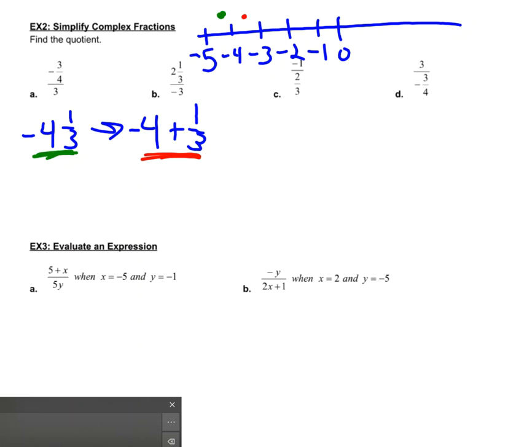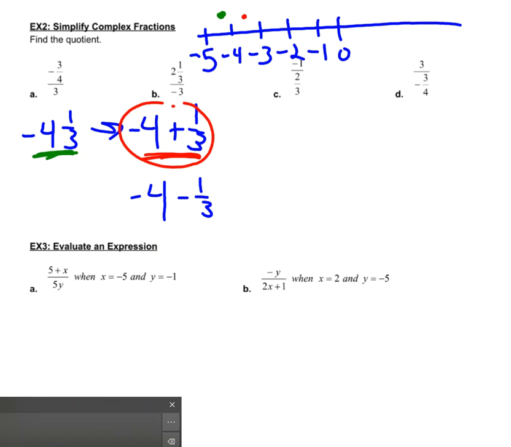These are different. How should I change negative 4 plus 1/3 to make it match what we originally drew on the number line? We really want to start at negative 4 and go to the left 1/3. So, instead of plus 1/3, we want to subtract 1/3.